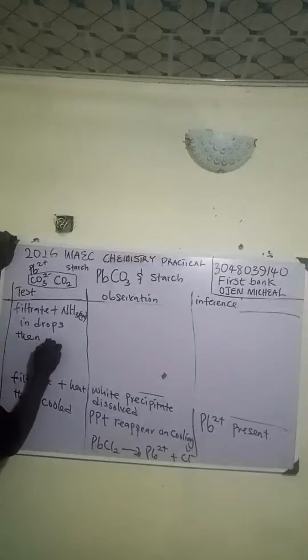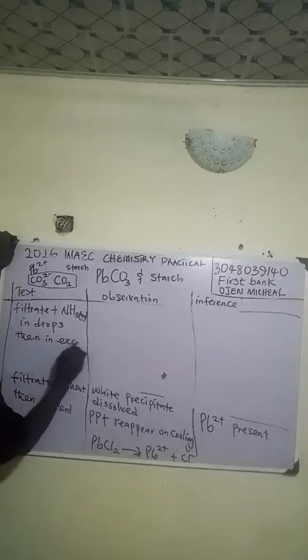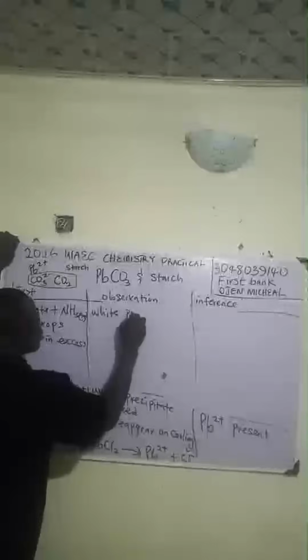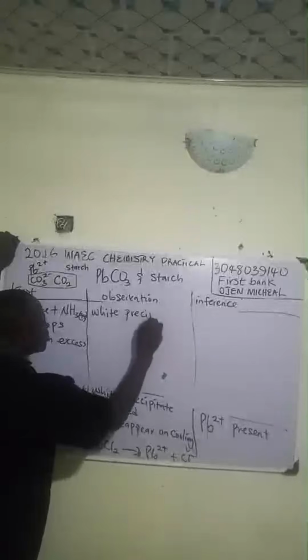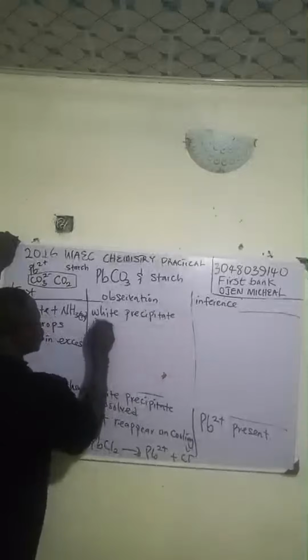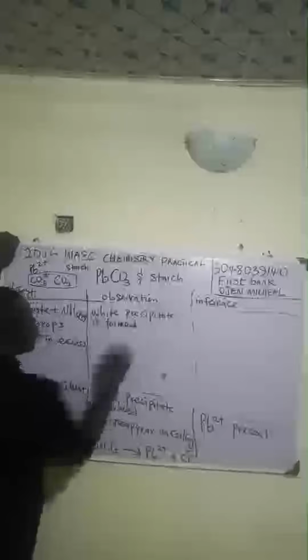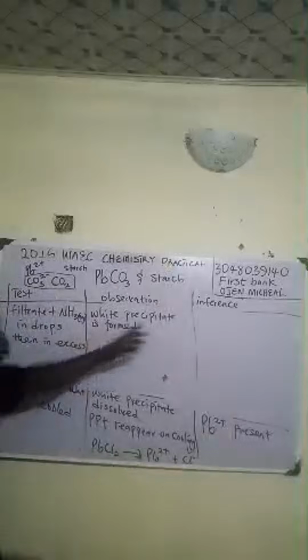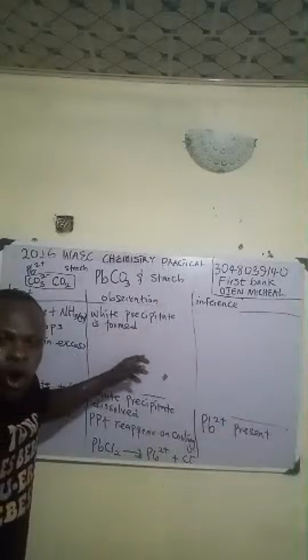Then in excess. In drops, what you are going to see is a white precipitate is formed, or some people can say white precipitate is observed. Are you following? Now, if it is in drops, white precipitate is formed or observed.